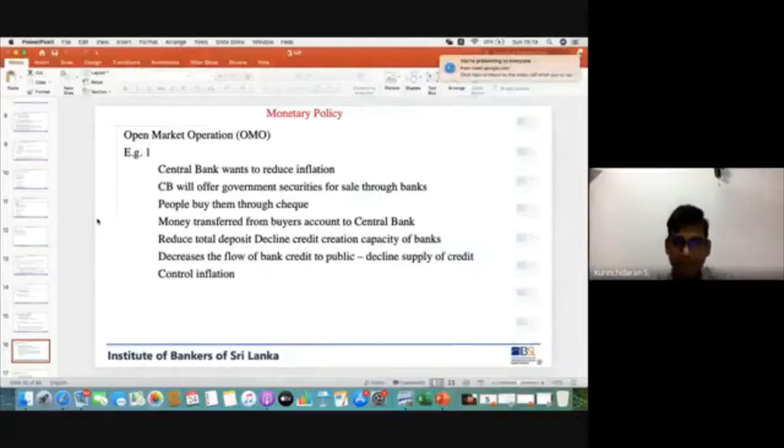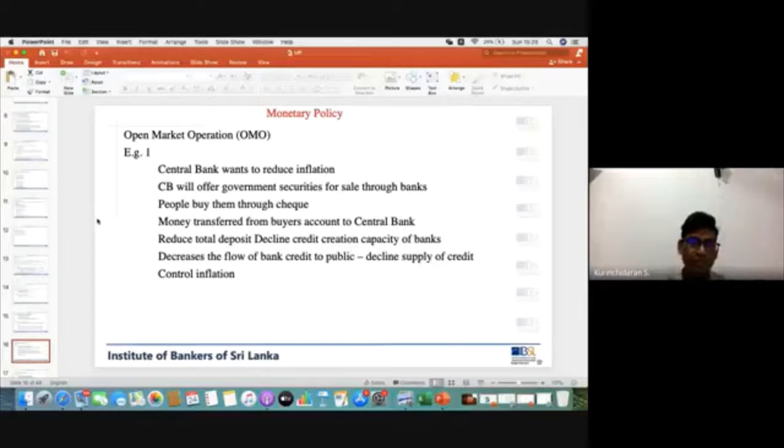Okay, we can start now. As we discussed, the central bank can influence the money supply through open market operations, right? First, we will see what happens to inflation. First example, let's assume the central bank wants to reduce inflation.